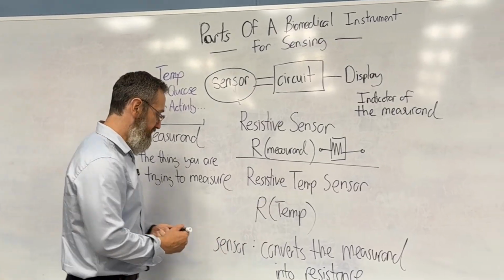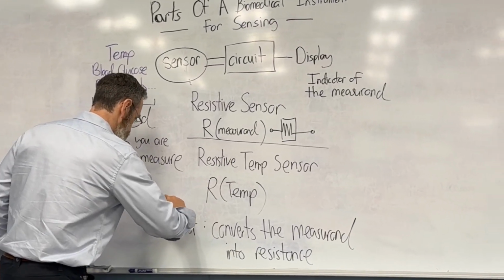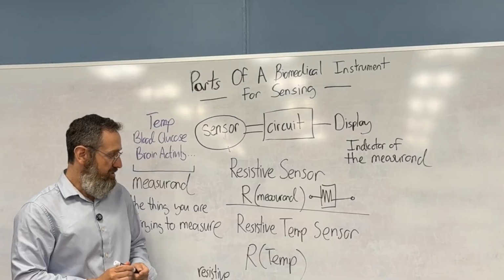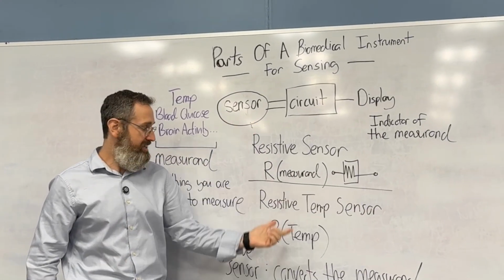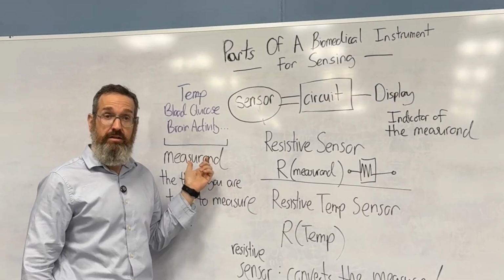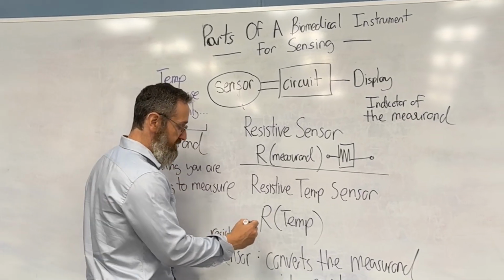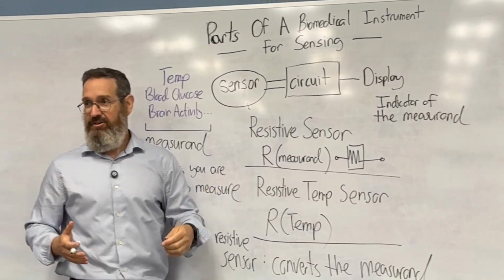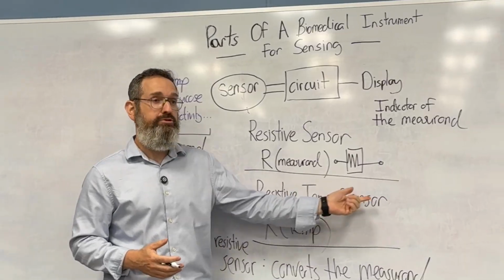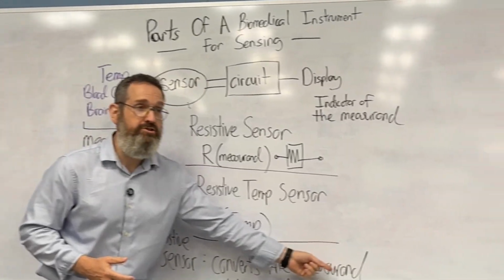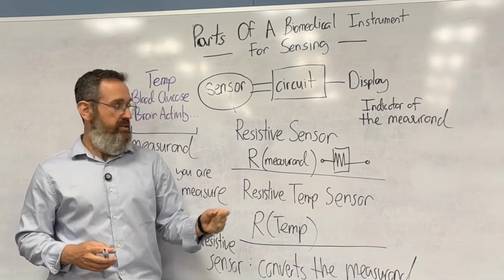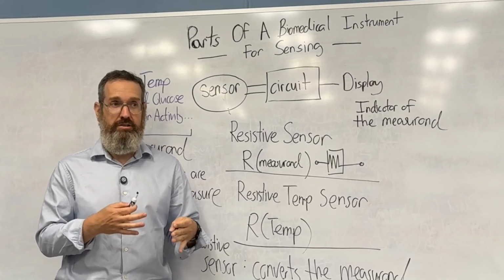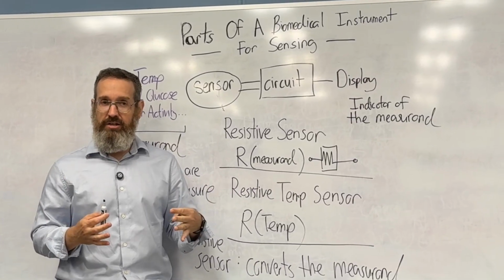Here I want to be specific that this is a definition for a resistive sensor. A resistive sensor takes your measurand, whatever it is, and converts that measurand into a resistance, and therefore a resistive temperature sensor converts our temperature measurand into resistance. This is putting into words things we've already talked about, but now in context.